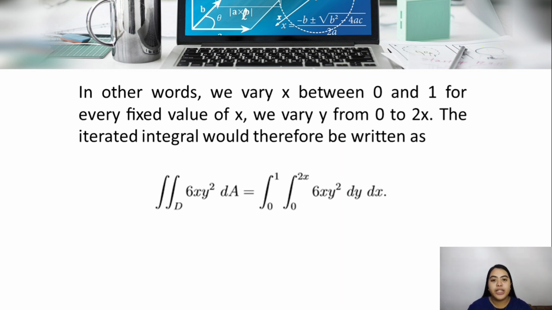Unlike rectangular regions, we cannot arbitrarily switch the order of double integrals when D is a non-rectangular region. When doing any double integral, the outer integral must always have constant bounds, but the bounds on the inner integral may be functions of the outer variable.